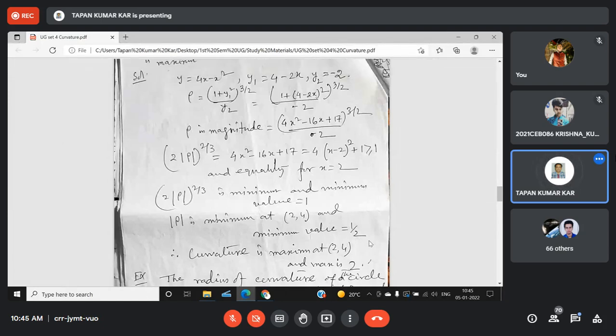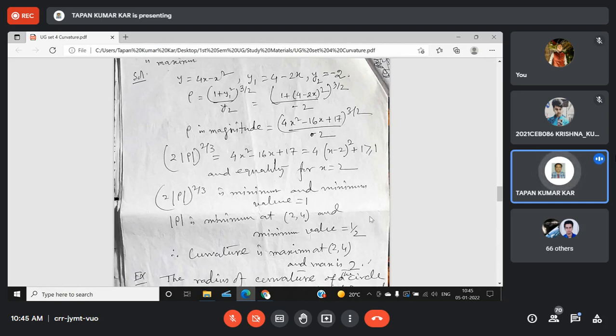And rho, the curvature and radius of curvature are reciprocal to each other. So curvature is maximum if rho is minimum, and its maximum value is 2.